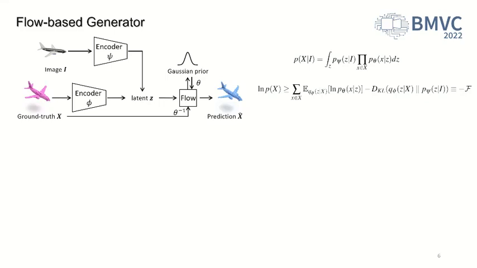Correspondingly, the model is optimized by minimizing the negative evidence lower bound. Here, the first term is to reconstruct 3D points, and the second term is to reduce the KL divergence between two posterior distributions of Z. We can see that the flow model, which acts as a decoder, plays a role in the generator.